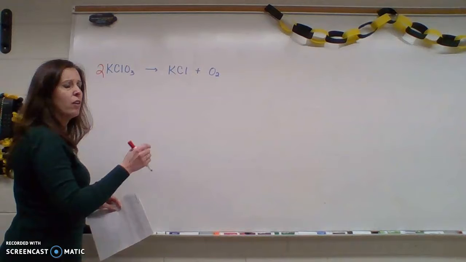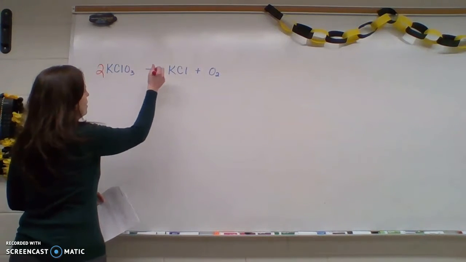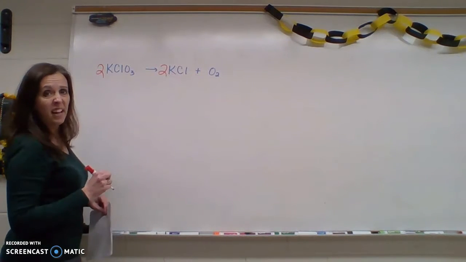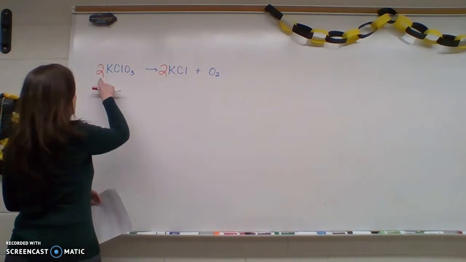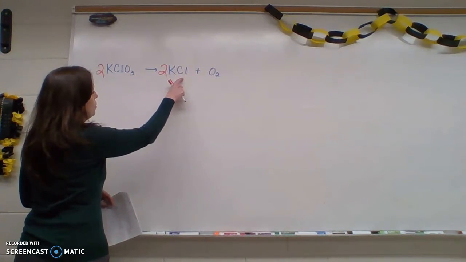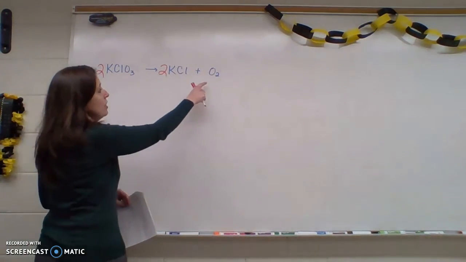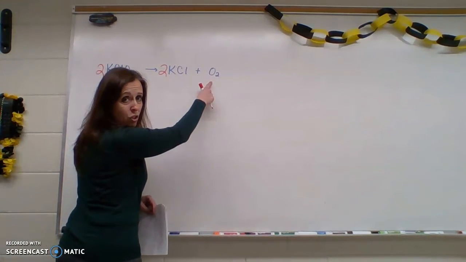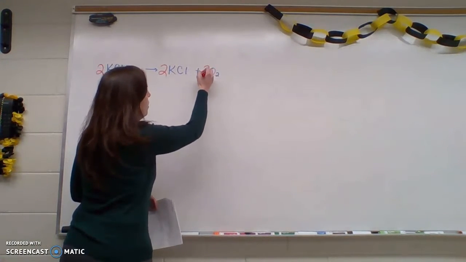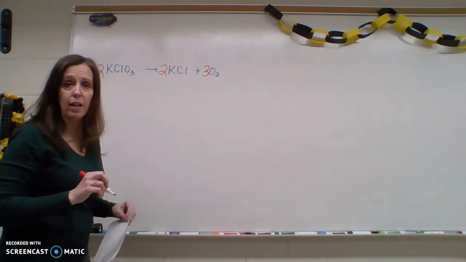And that should help us out. So now we have 2 Ks. So I'll put a 2 on that side so I have 2 Ks. 2 Cls, 2 Cls. 2 times 3 is 6 oxygens. I've got to get 6 oxygens over here. So I'll put a big coefficient of 3 right there.